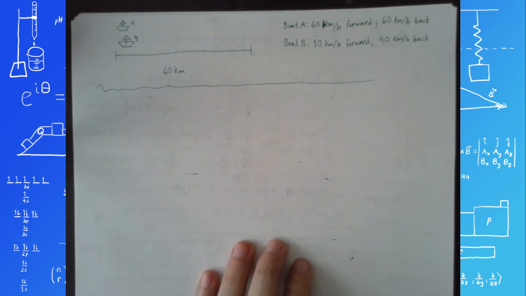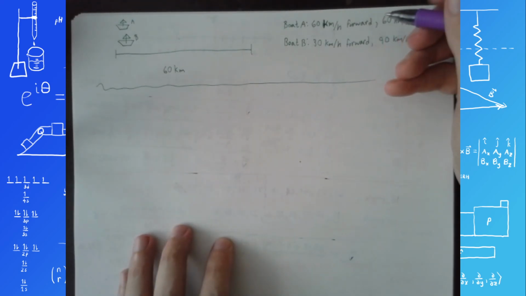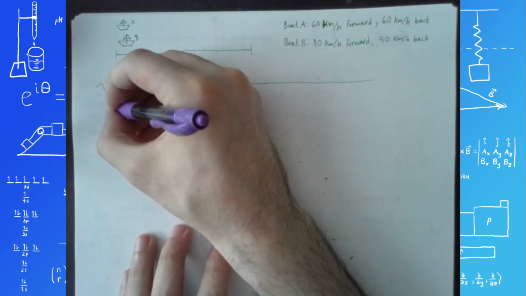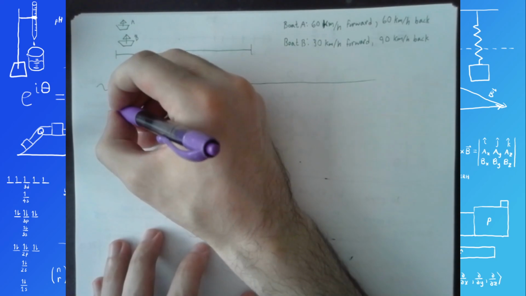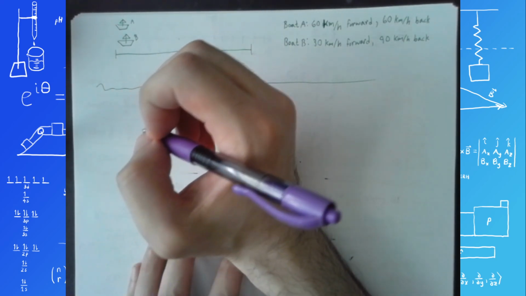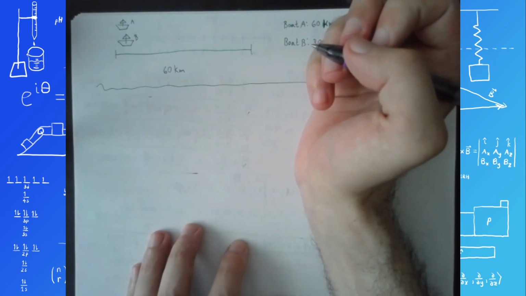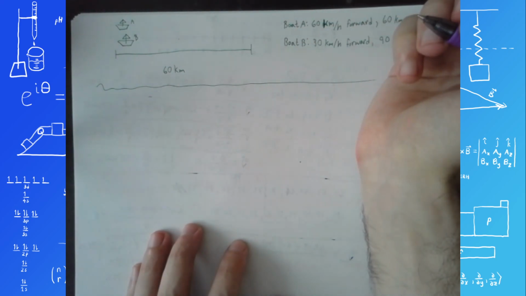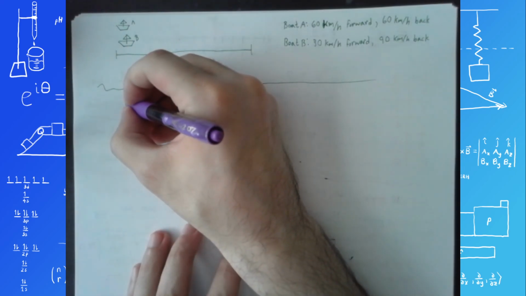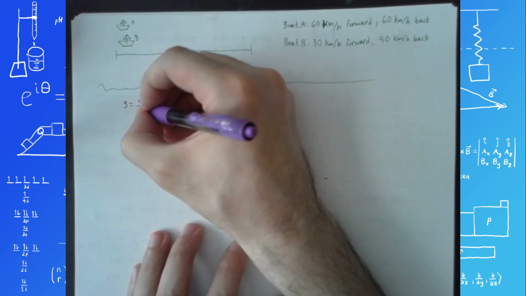So what I want to do is say, total distance is 120 kilometers. I'm just going to use speed here. So total distance is 120 kilometers, and boat A takes, so I'm going to do speed equals distance over time.